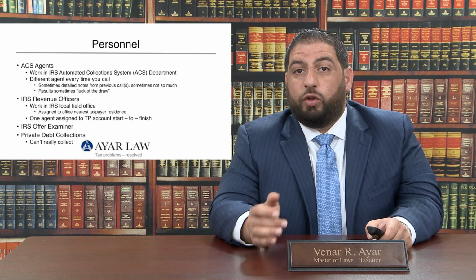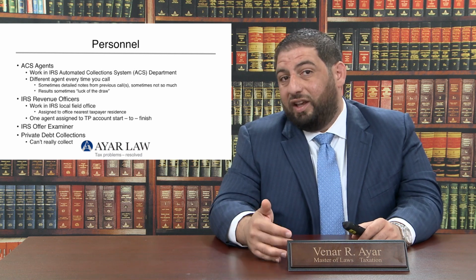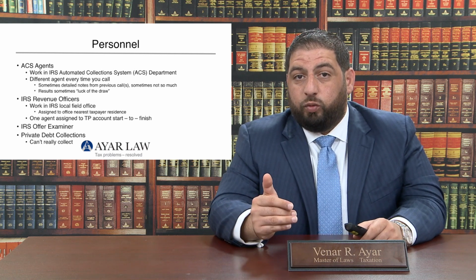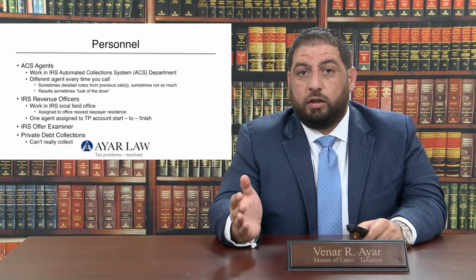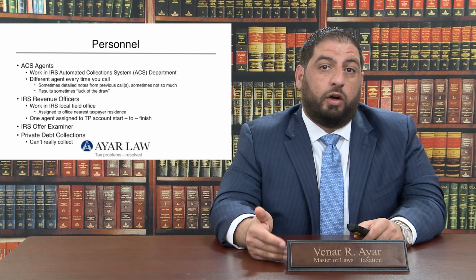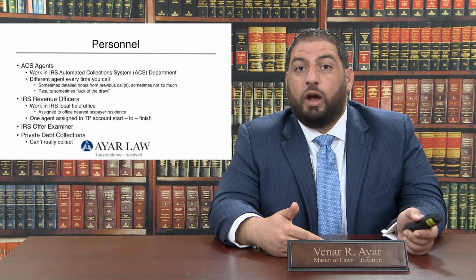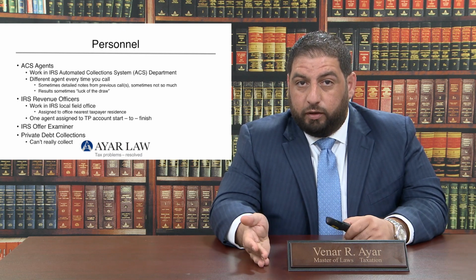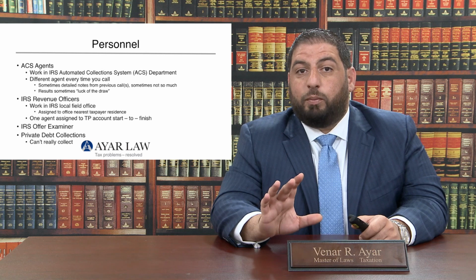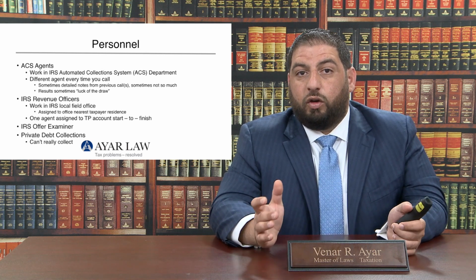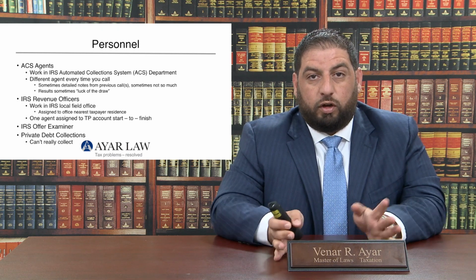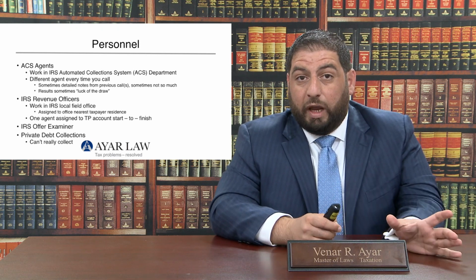Now, when you're dealing with a revenue officer, it's not like dealing with automated collections. That's when an IRS agent, a specific person, gets assigned to your taxpayer or your client or your account to bring you into compliance. So sometimes when they get big cases at the IRS, or a lot of money at stake, or business taxes or certain categories of cases, ACS won't handle them.